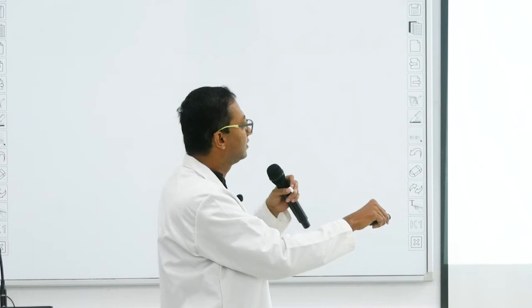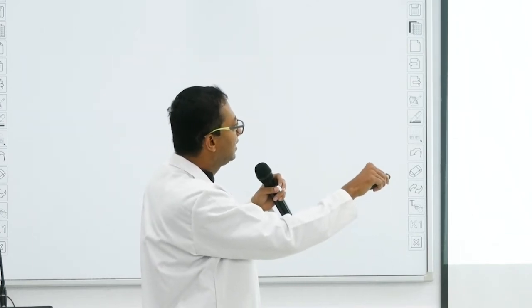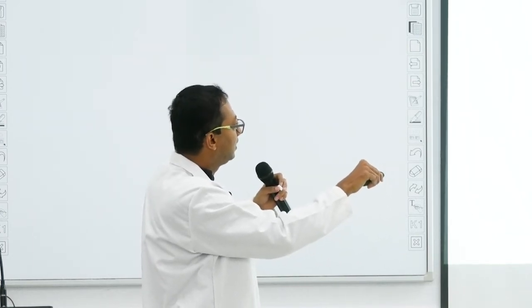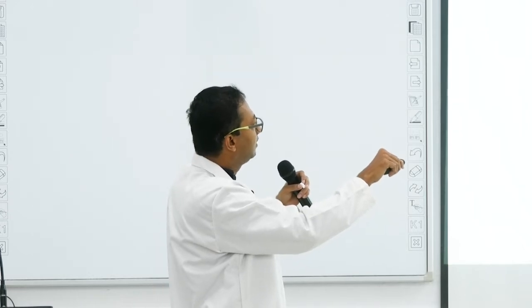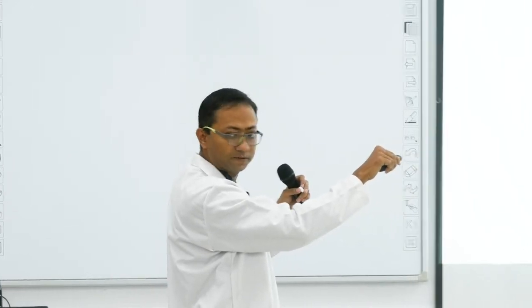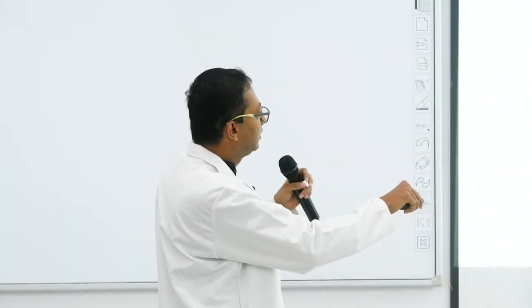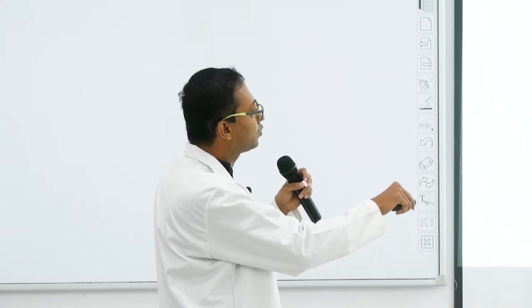See the red line. The second order neuron crosses the opposite side and ascends, and finally the third order neuron goes to cerebral cortex, right? So this crossing is quite later at the level of medulla.